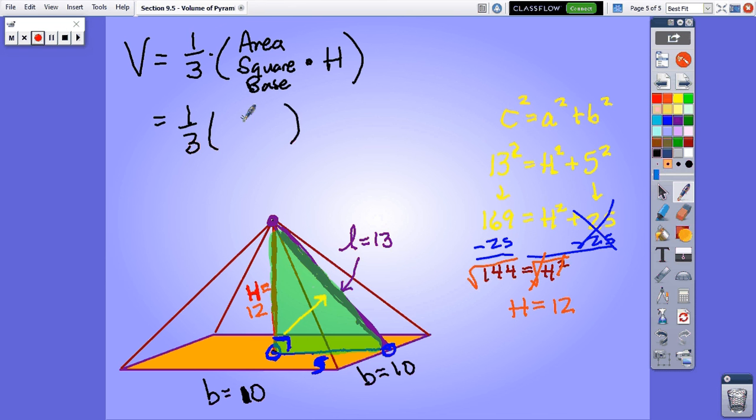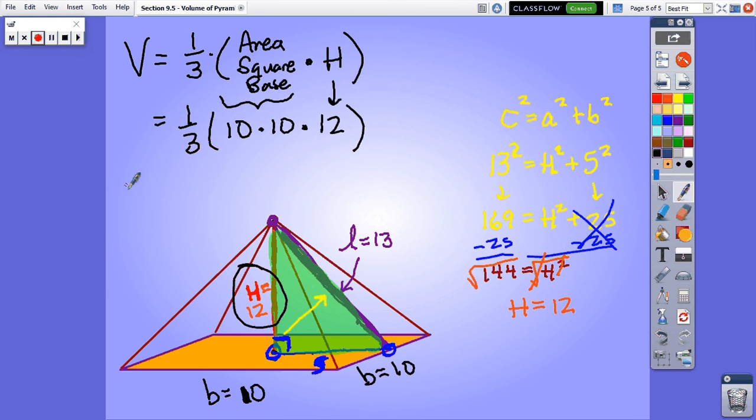The square base was 10 by 10. Remember we said at the very beginning of the problem that it was going to be 100, times the actual height, which we had to figure out with the Pythagorean theorem, which is 12.